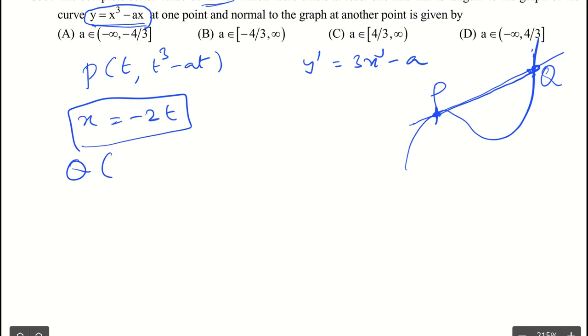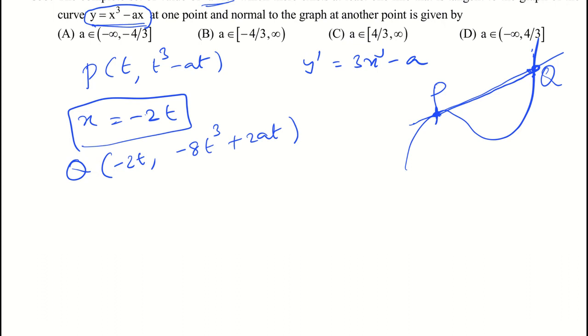Q is nothing but minus 2t comma, using x value in the curve equation I'll have it as minus 8t cube plus 2at, that is Q.